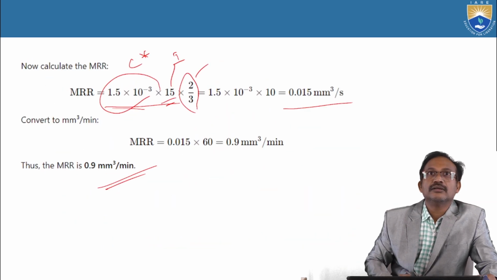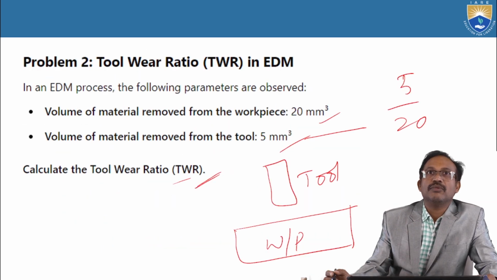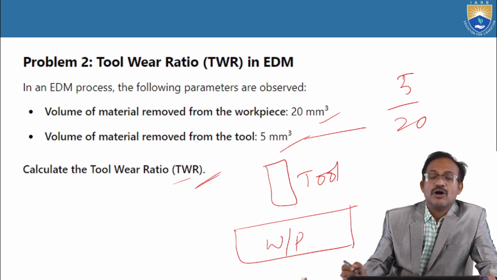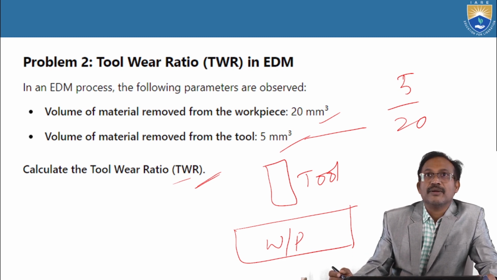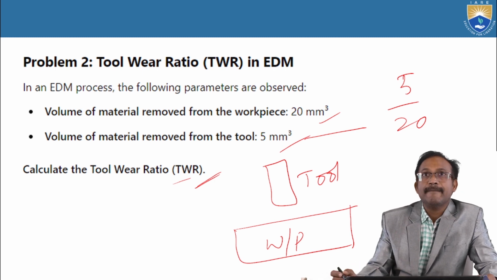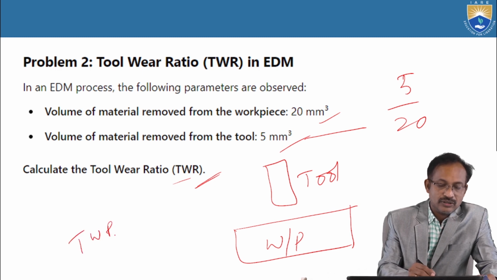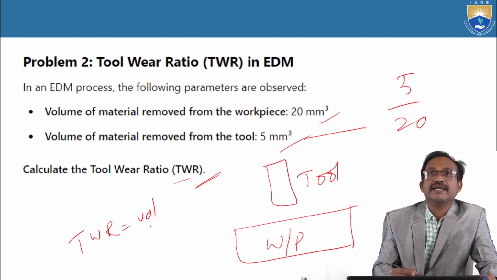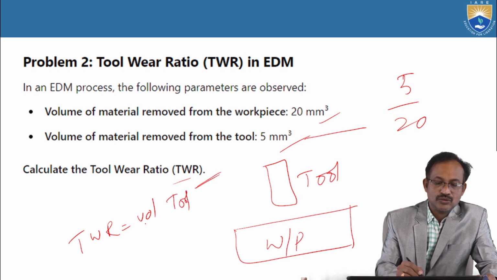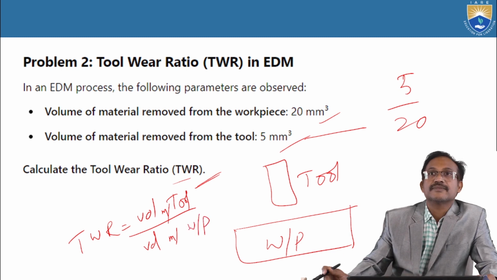Next, in the second problem, TWR, that is tool wear ratio, is the ratio of the volume of material removed from the tool to the volume of material removed from the workpiece. So TWR equals volume of material removed from the tool by volume of material removed from the workpiece.